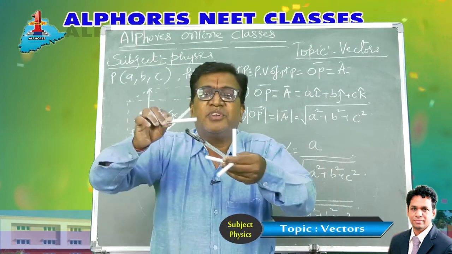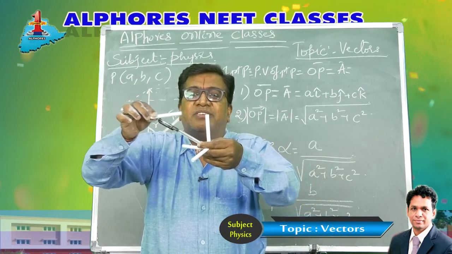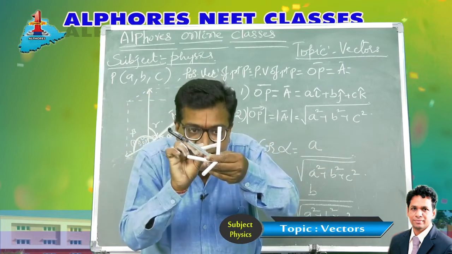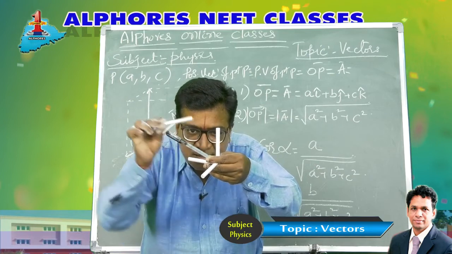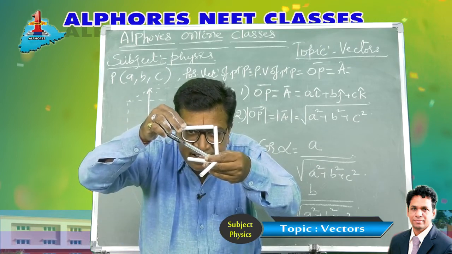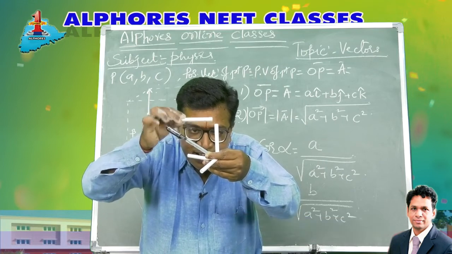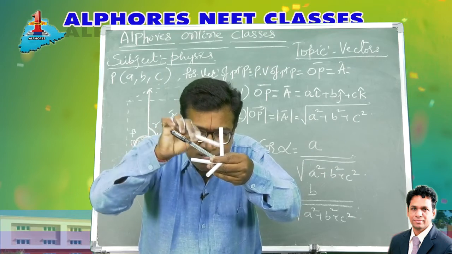Similarly, now drop a perpendicular from the point P onto the z-axis. The angle made by the vector with the z-axis is gamma. Now this forms a right angle triangle. What is cos gamma? Adjacent by hypotenuse. The adjacent is its vertical component.